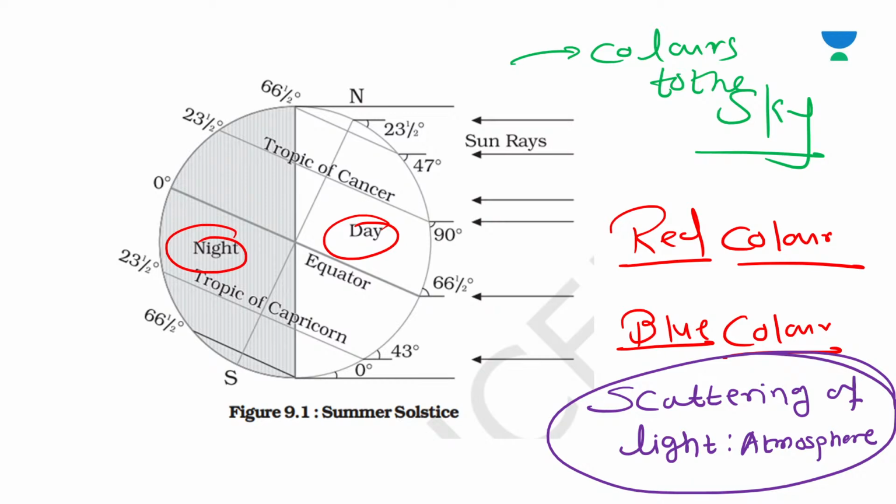Now, normally in winter the middle and higher latitudes receive less radiation than in summer.